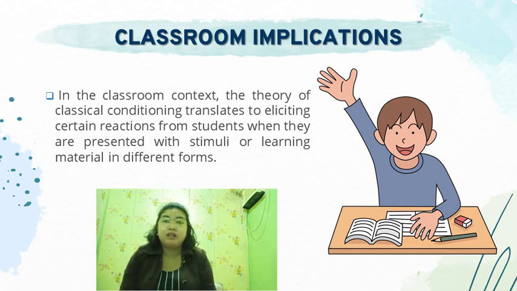In the classroom context, this process translates to eliciting certain reactions from students when they are presented with stimuli or learning material in different forms such as physical objects, instructors, body language, or visual environments. Two concrete examples are these.